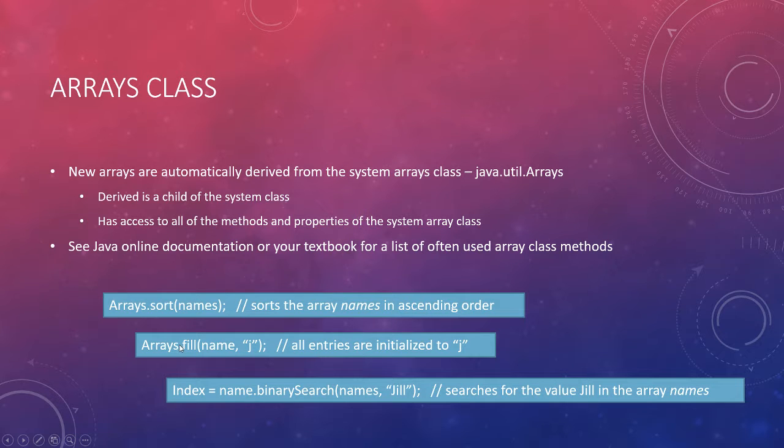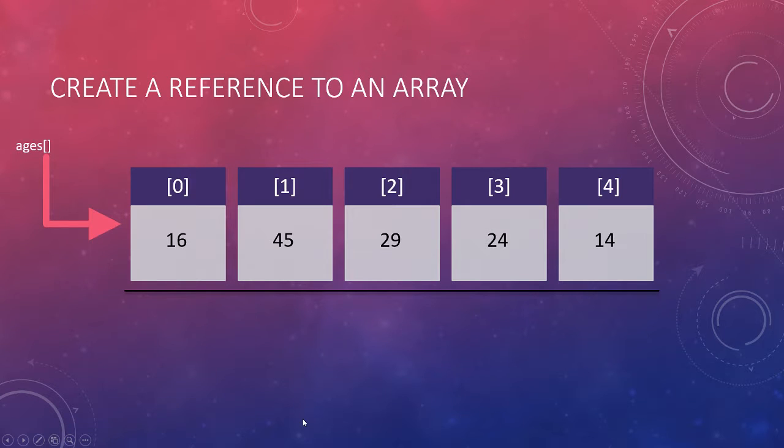So I can use the Arrays class to sort an array. I can use the Arrays class to fill an array with a given value. This line of code would fill the name array with the value j. I can use this binarySearch method of the Arrays class to search for the value Jill in an array.